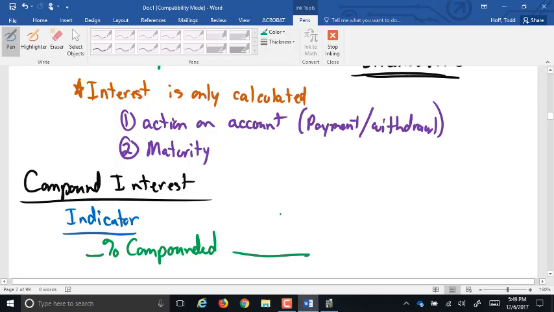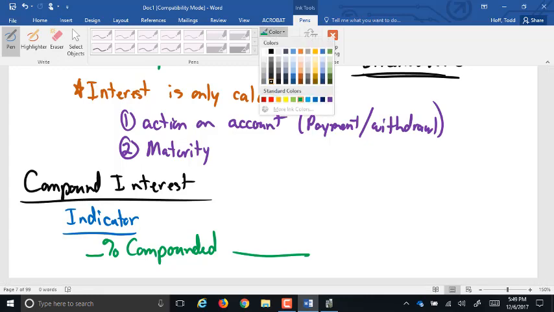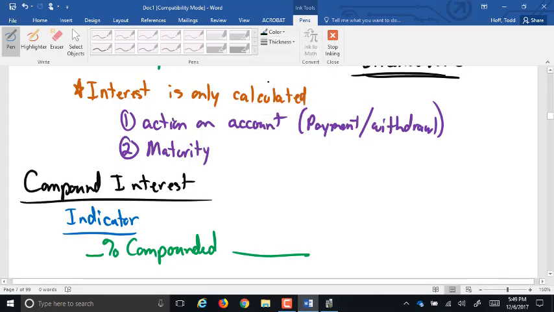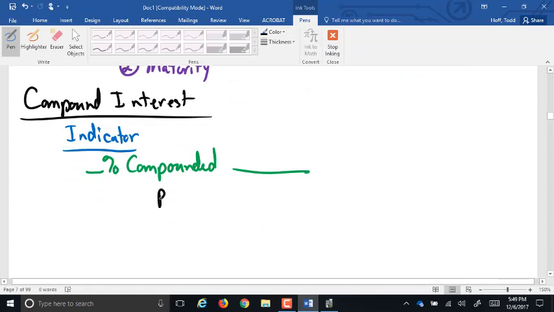It'll actually say that word compounded in there. You have present value going to a future value. And all that stuff in between is, of course, your percent, your compounding, and your time, your years, periods.